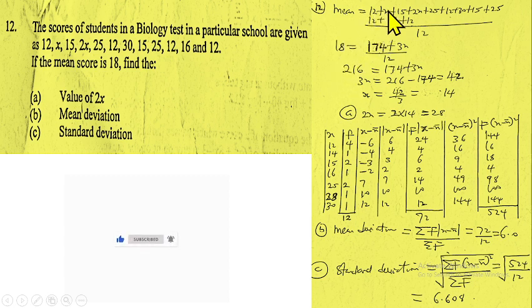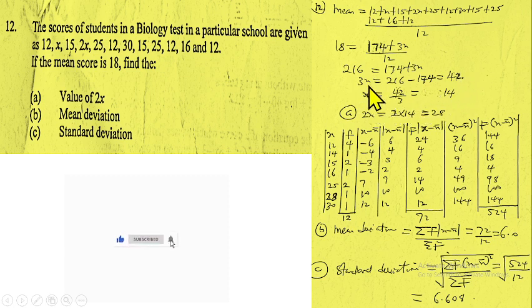So if you collect like terms, you add all these numbers together, you get 174, plus you have x plus 2x here, we have 3x over 12. Then from there you can cross multiply. 12 multiplied by 18 should give us 216 equals 174 plus 3x. Take the like terms, you have 3x equals 216 minus 174, and that should give us 42.